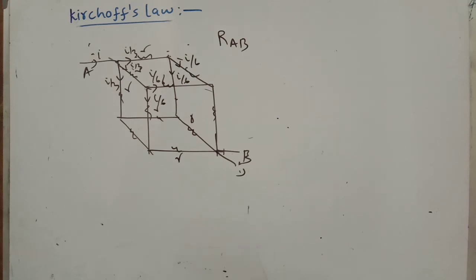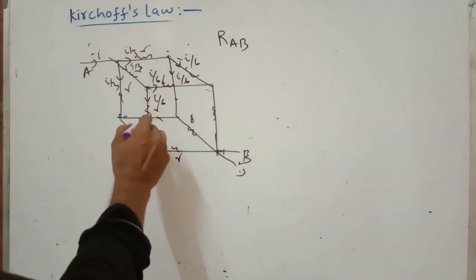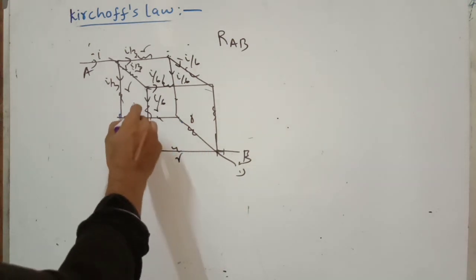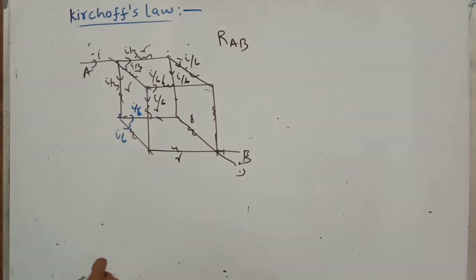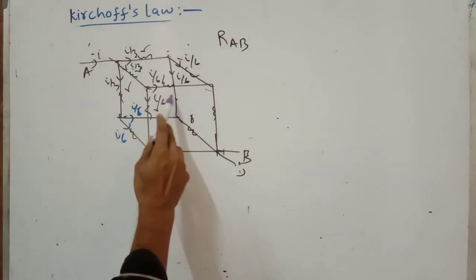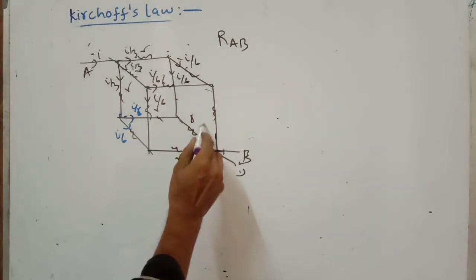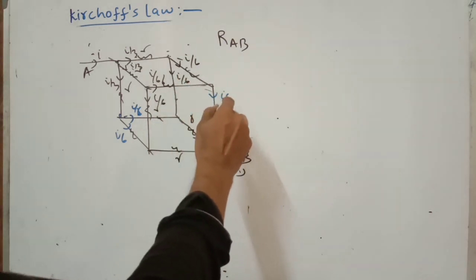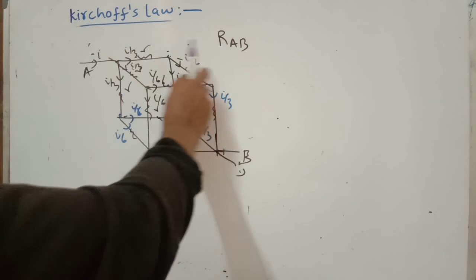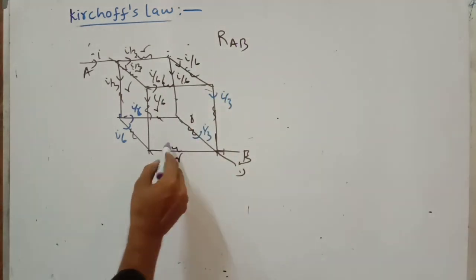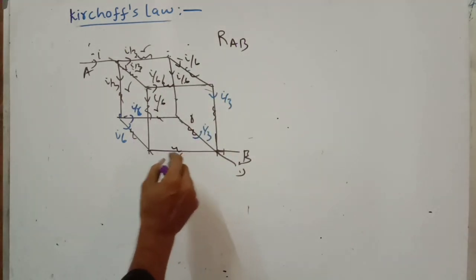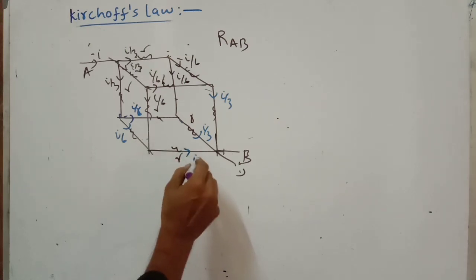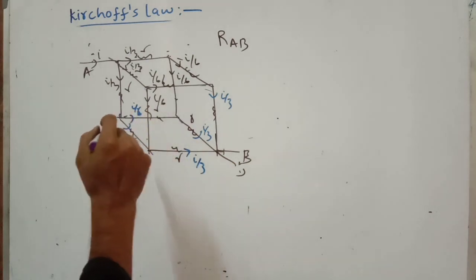Same from here, I by 6, I by 6. Then they combine: I by 6 and I by 6 from this branch become I by 3. Total entering current equals total leaving current. So that is the current distribution.